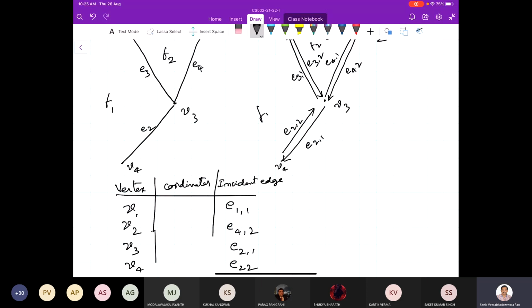So this is the one record for each vertex. And the second thing is one record for each face. There are 2 faces, F1 and F2. So there will be one record for each of these faces.